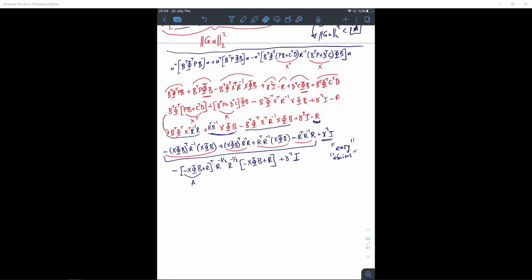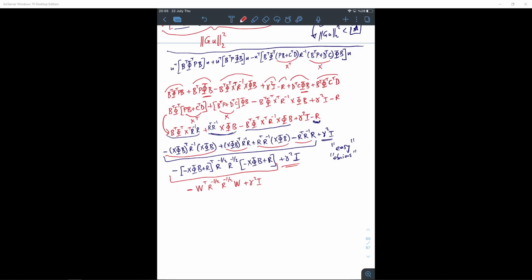Okay, so we can write minus omega transpose R minus half, R minus half omega, and plus gamma square identity.